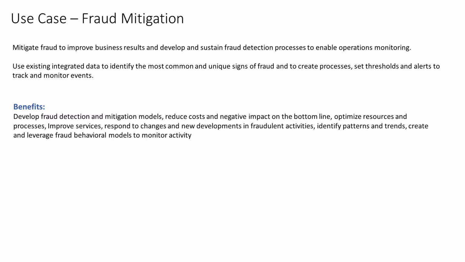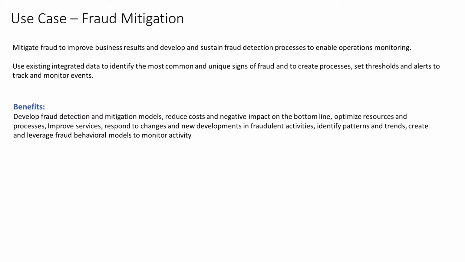An enterprise can leverage predictive analytics to identify the most likely areas and actors that will be involved in fraudulent activities. And by developing fraud detection models, the enterprise can reduce the cost and the negative impact to the business reputation and the bottom line. Businesses that are proactive in identifying these risks can better optimize resources and respond to changing trends and patterns.